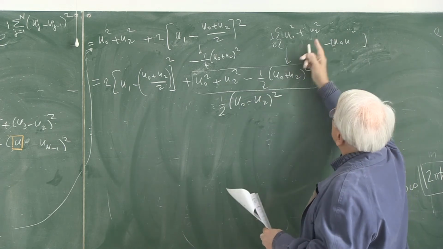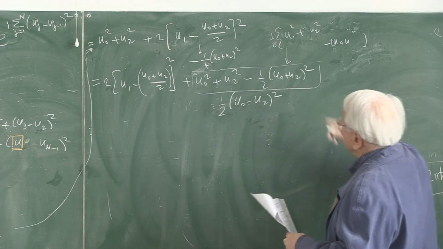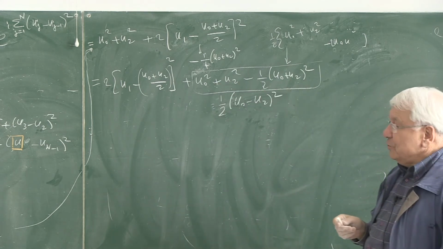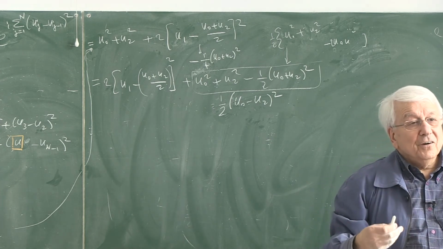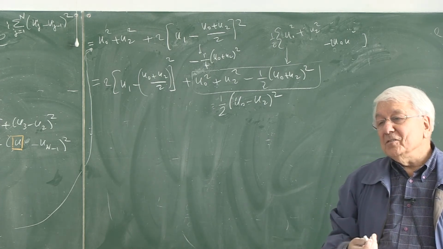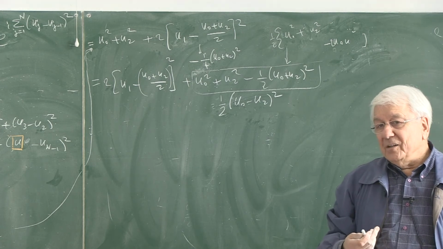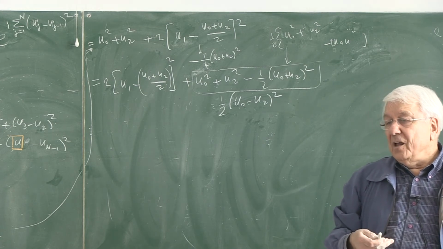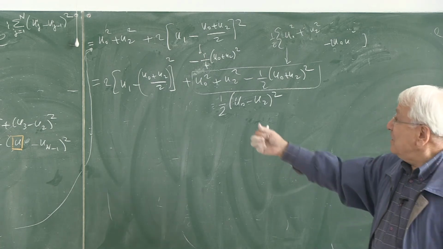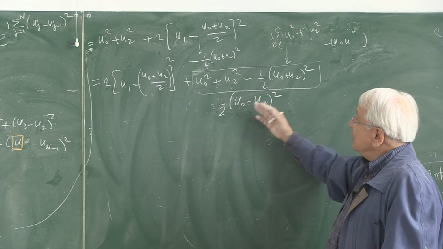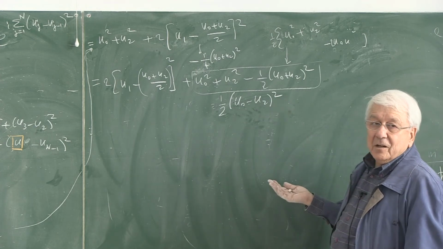Correct, right? I have indeed demonstrated that this leftover piece is 1/2 u0 minus u2 squared. Nature runs sometimes in such a beautiful manner that the beauty of nature and the beauty of the aesthetics of mathematics go hand in hand. That this leftover should come out in such a nice fashion is really a miracle, honestly.